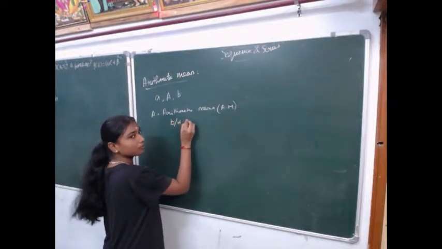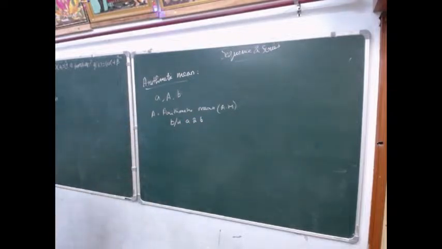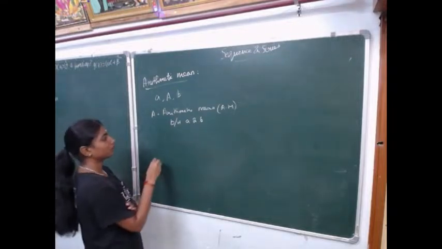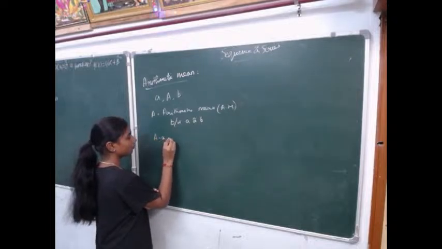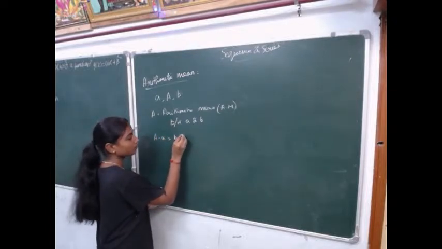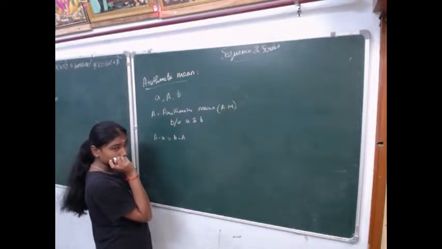So it is given by actually A minus a is equal to b minus A. So you can bring this A here and you can take the small a to the other side.